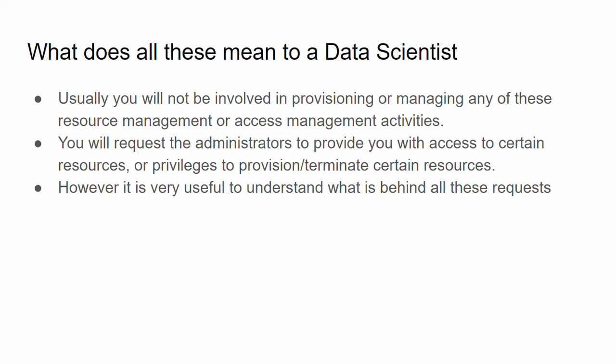So then you also need to know that you are requesting a role connected to your principal or user group, and you need to know what privilege your role will require. So this is all you need to do. You need to understand this terminology. You need to understand how this works together. So it's very useful to understand what is behind all these requests.